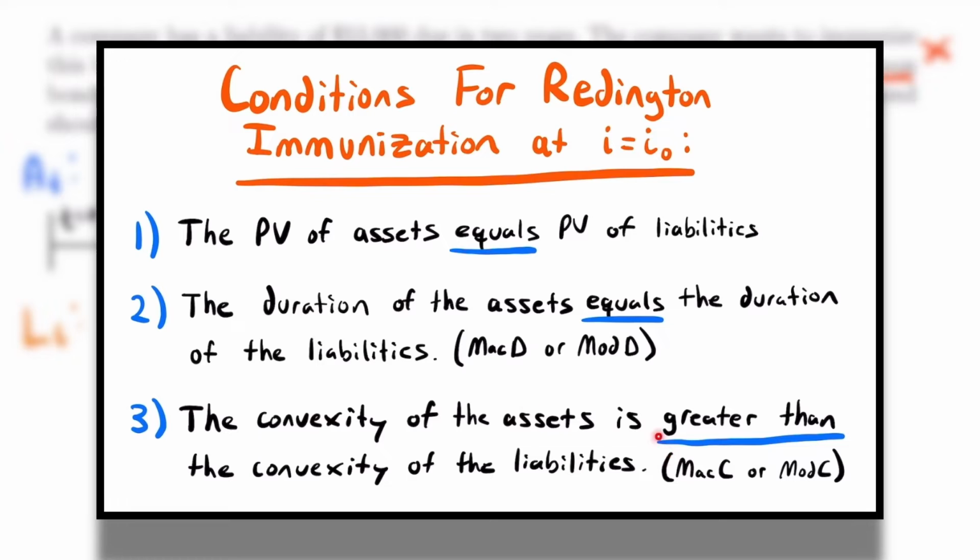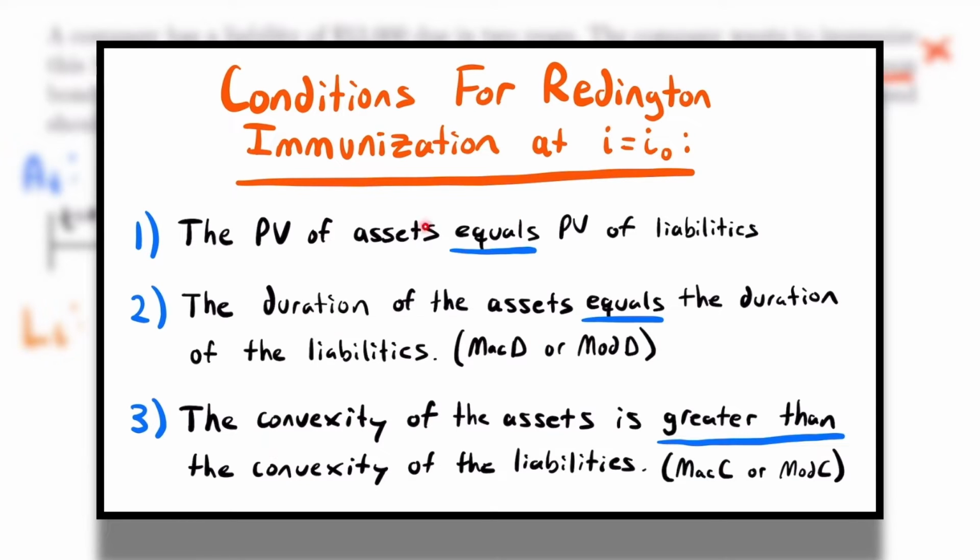Now, I said that we're going to ignore this because full immunization is going to be possible for our problem. And so we're just going to focus on these first 2 conditions, which are also required by full immunization. If these 2 requirements are met along with the fact that our liability is between 2 assets, then full immunization will be achieved.